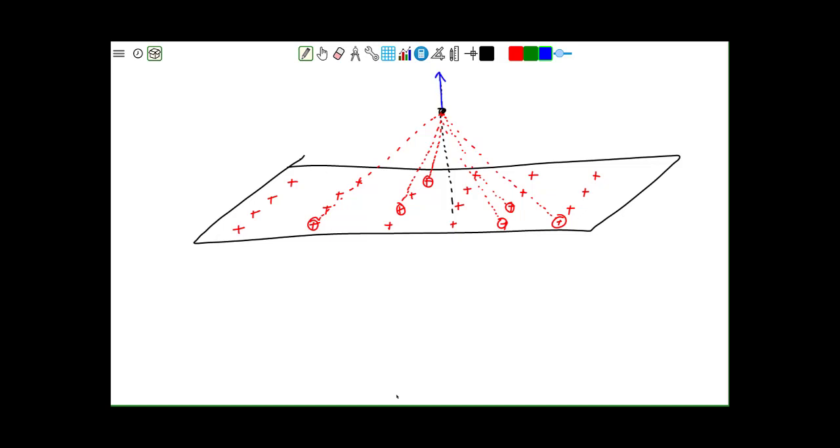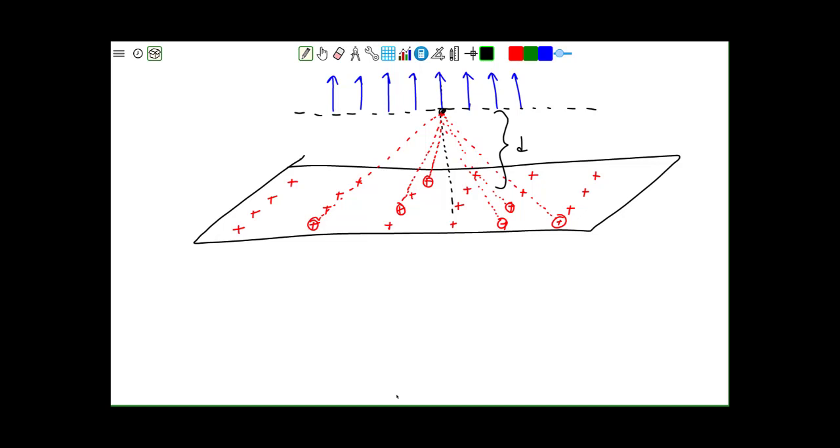And in fact, since this plane is so big, it's essentially infinitely big, the electric field will be the same magnitude anywhere along a line that's a certain distance away from the plane.